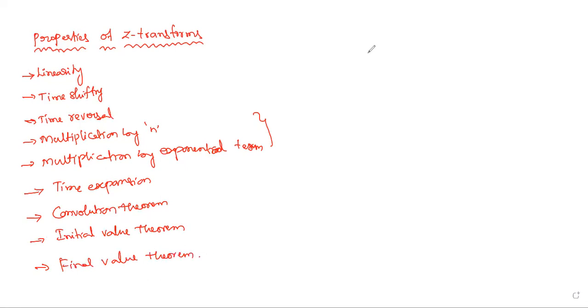In this class, we will discuss the statement and proof for each property. What is the corresponding ROC? If I apply the linearity property, is there any change in the ROC or not? Similarly, for all properties, we will see the ROC and numericals. We will discuss a few numericals based on the properties.